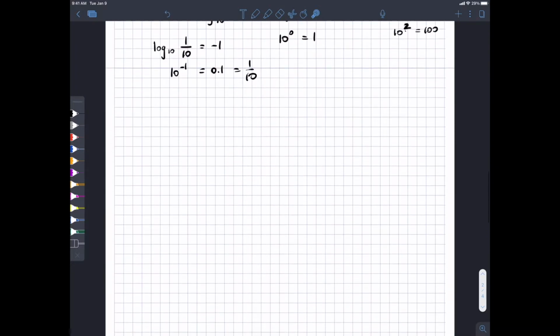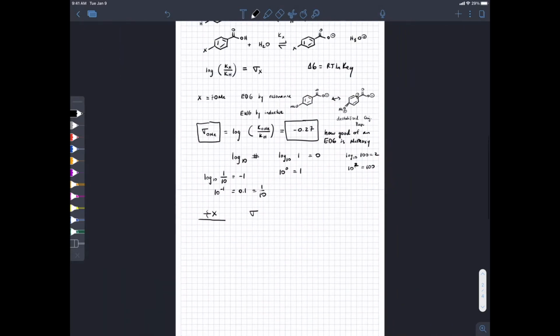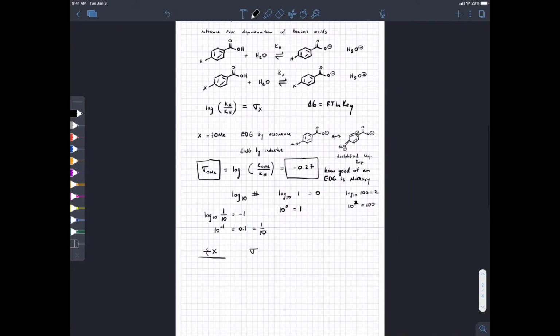Okay. So let me give you some examples, and this is where things are going to start to sound familiar, because we're going to run through the same list of substituents that you did with electrophilic aromatic substitution. I'm going to say that these sigma values are for para substituents.